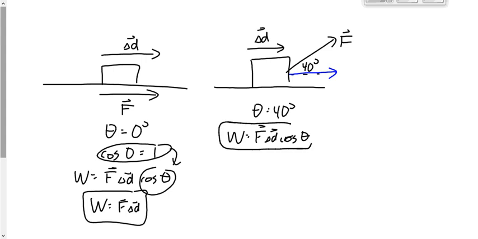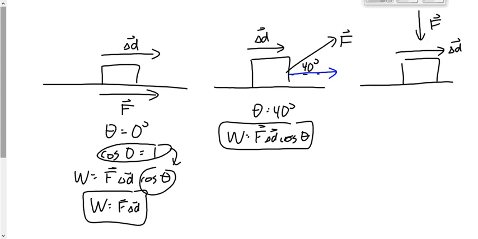Now what about this one? It's moving this way because of whatever. I apply a force this way on it. What's the angle here? What is it? Okay, I thought you were ready to speak there, but no? Okay. You got the right answer anyways. Even if you weren't ready to give me an answer, you still got the right answer. 90 degrees.